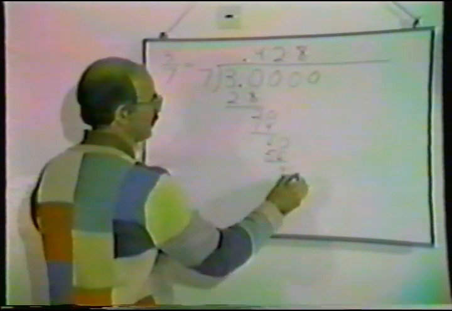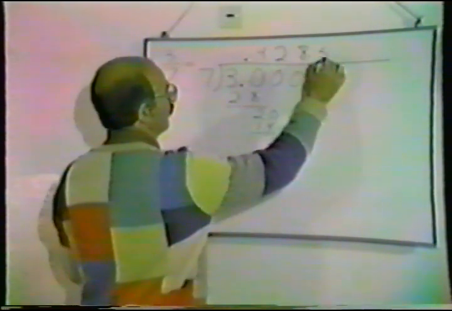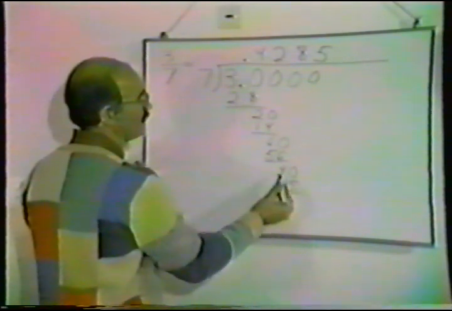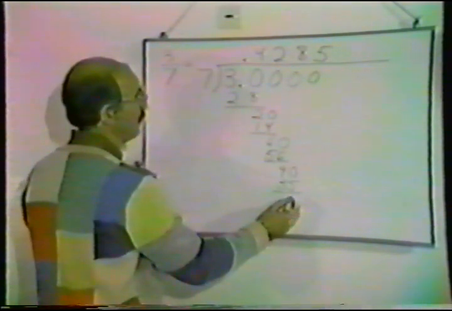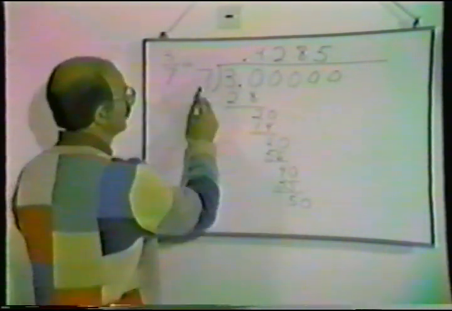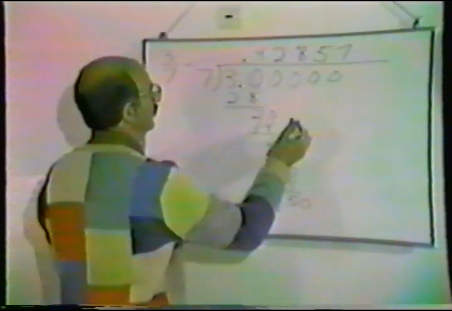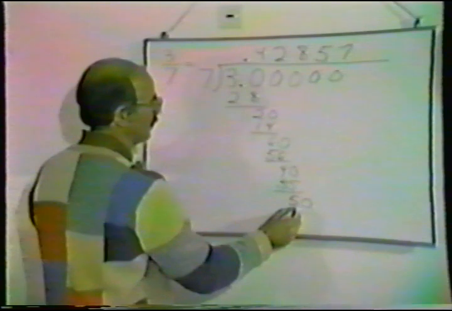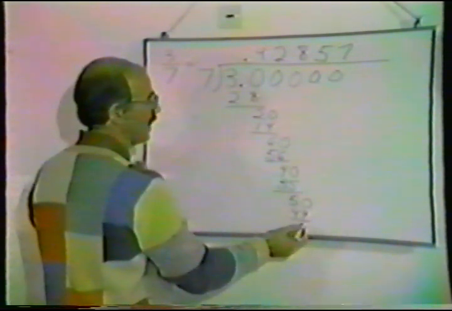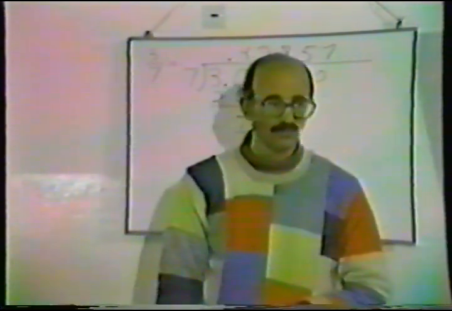Bring down the 0. 7 into 40. 5. 5 times 7. 35. 40 take away 35. 5. 7 into 50. 7. 7 times 7. 49. 50 take away 49. 1. Uncle Dan, there must be something wrong.